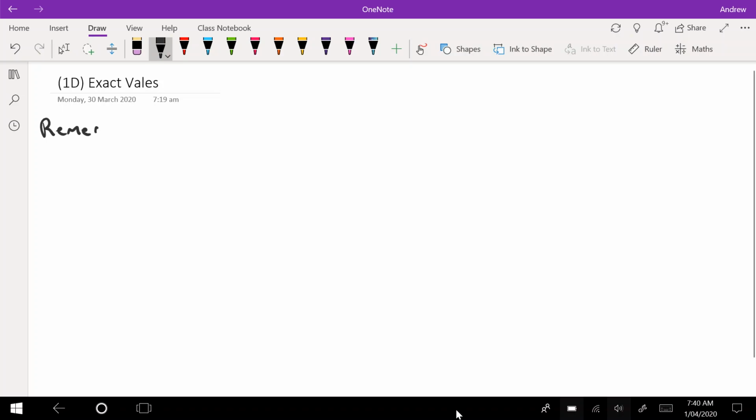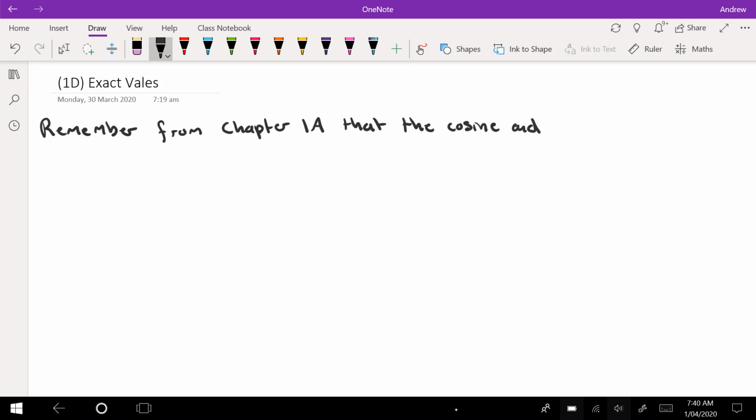So we can remember back from chapter 1a, when we did that intro to trig lesson, that the cosine and sine of an angle can be defined by x or y in our unit circle.